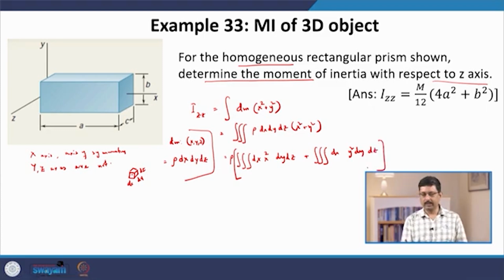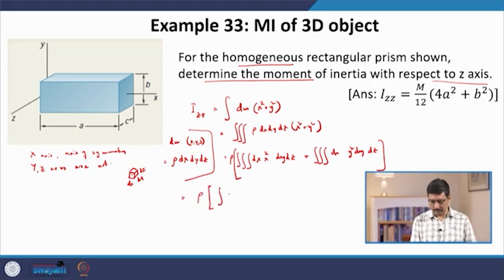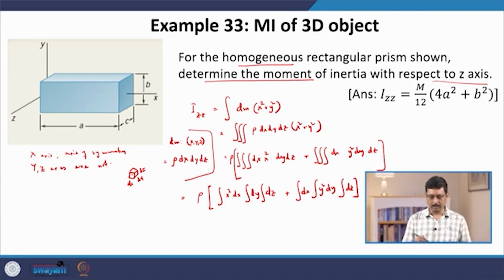Now, this is a rectangular object, so x, y, z can vary independently of each other, and we can factorize the integral. So, we get rho times, the first term, integration of x square dx times integration over dy times integration over dz, and the second term, integration over dx, then integration of y square dy, and integration over dz. Now, all that remains is to put the limits of the integral.